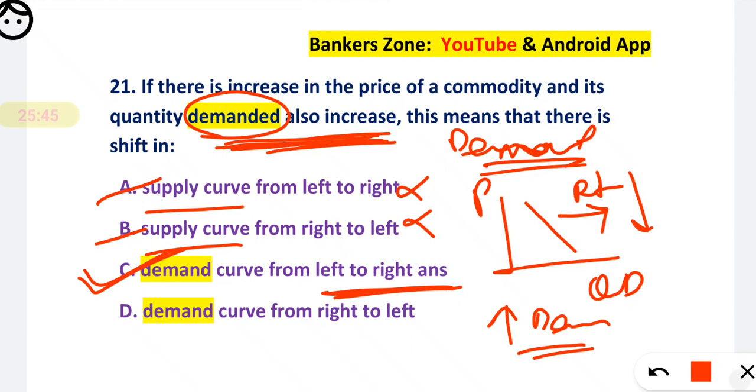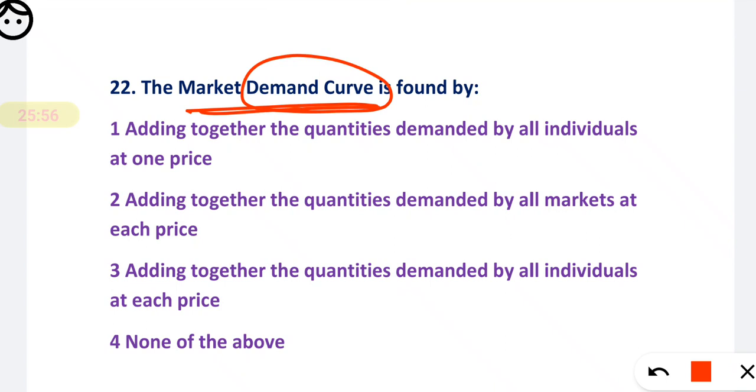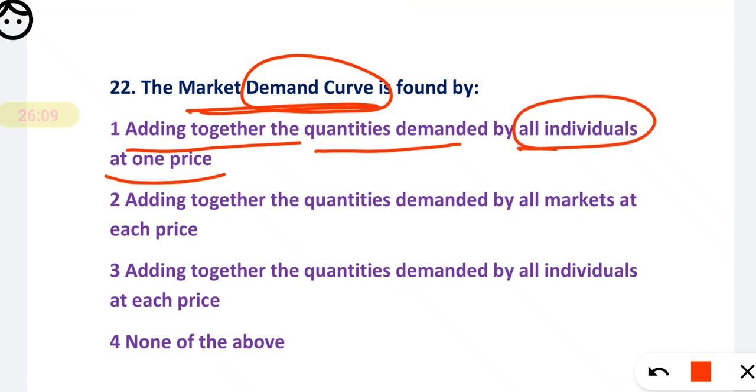Okay, now the 22nd question: the market demand curve is found by. Basically it is a demand curve, also called the market demand curve. How is the market demand curve found, that means how has it been calculated? Okay, first option, adding together the quantities demanded by all individuals at one price.